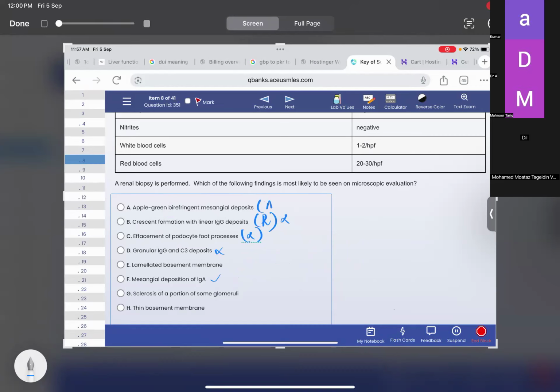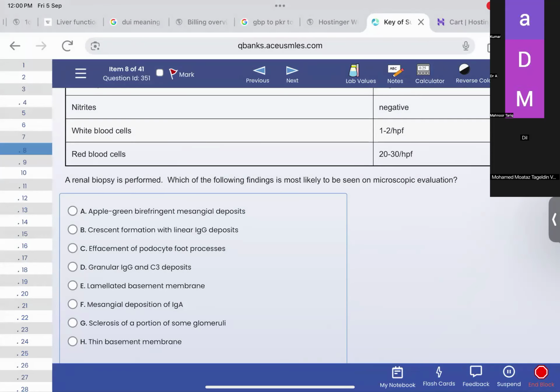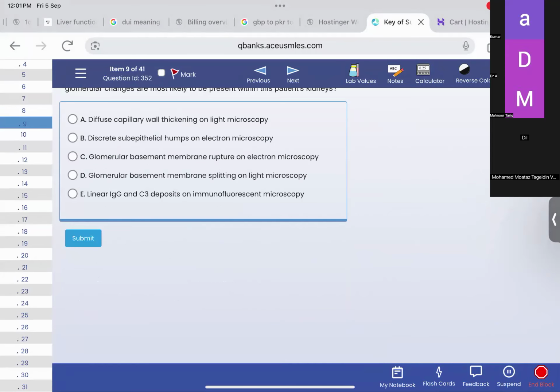We don't have amyloidosis going on. We don't have any ulcers like the triad. So this is how you will do your questions.